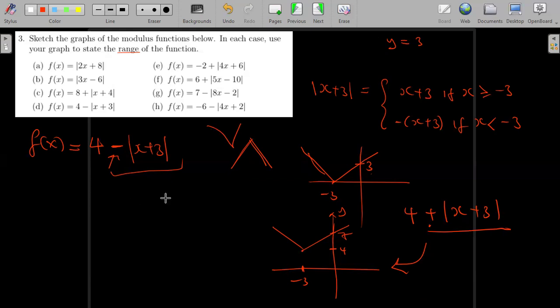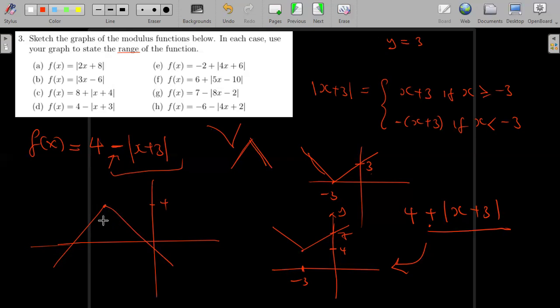So what will that now mean? Our graph will be like this. Okay, of course there's that vertical shift, 4 units. So let's say this is our 4, then it will be inverted, like that, and like that. This is how it's going to look.